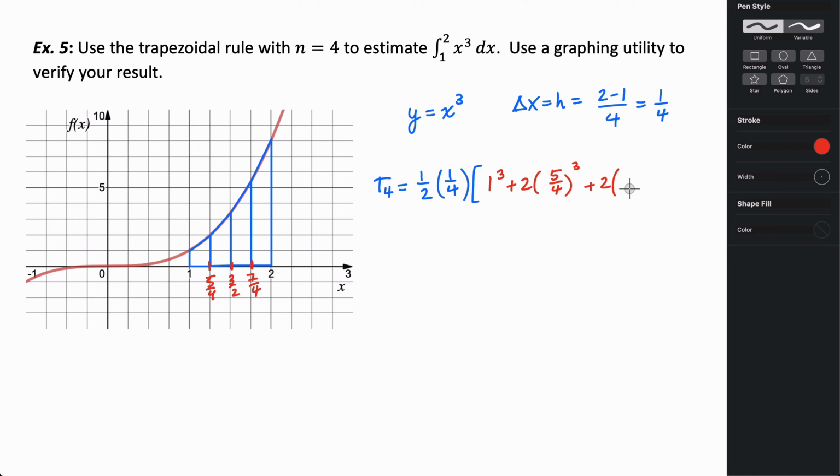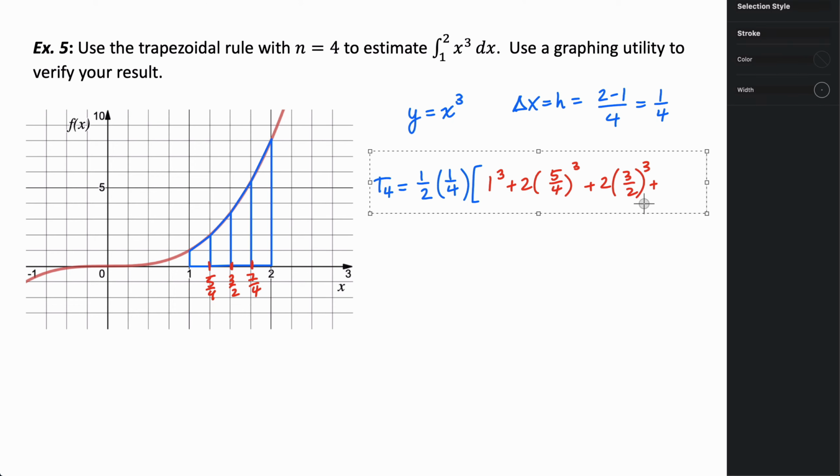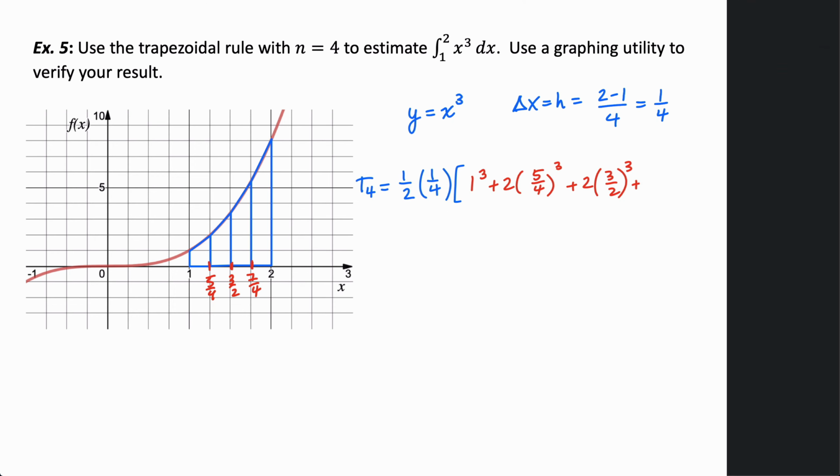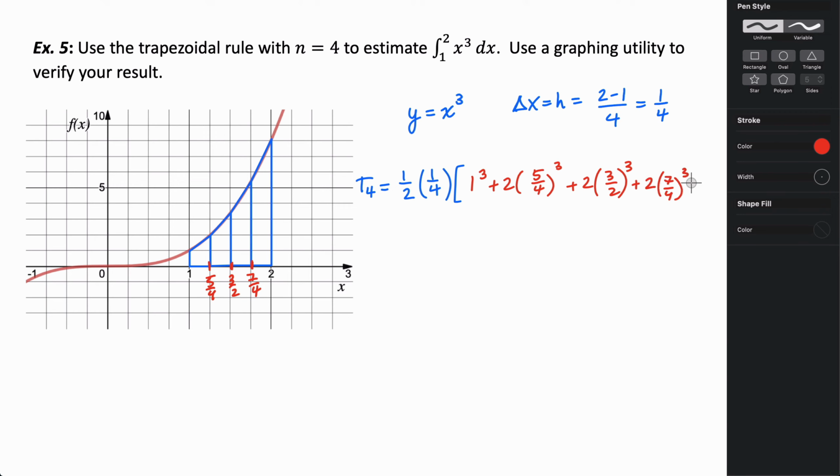Plus 2 times this one here, which is 3/2 cubed. Plus 2 times this one, which is 7/4 cubed, plus, in this case, it's 2 cubed. And we're going to multiply all of that here to give us our approximation using the trapezoidal rule.